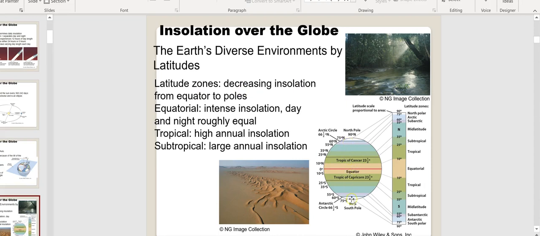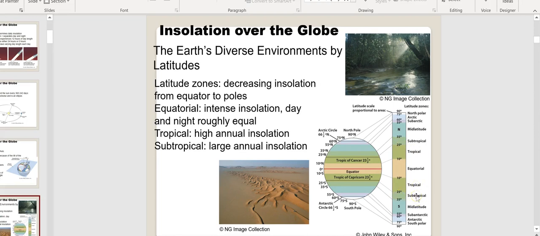So, for example, we divide the Earth into these regions. The first region, the area in and around the equator, we call equatorial. Outside of that, between 10 degrees and 25 degrees south and north, we call that tropical. And between 25 and 35 degrees north and south, we call that subtropical.